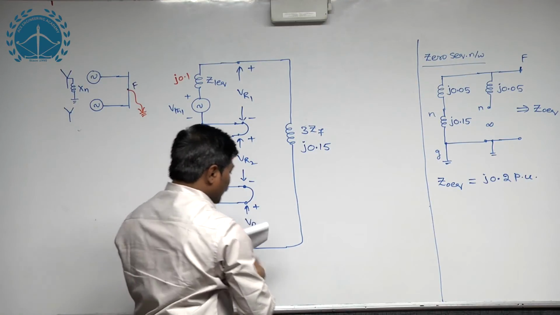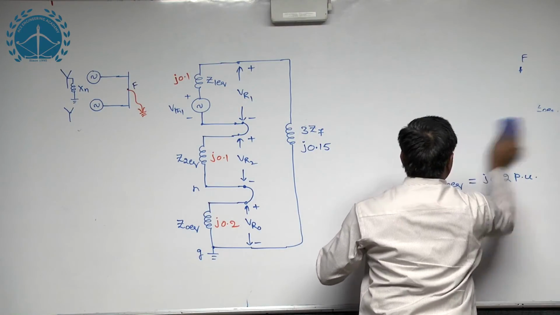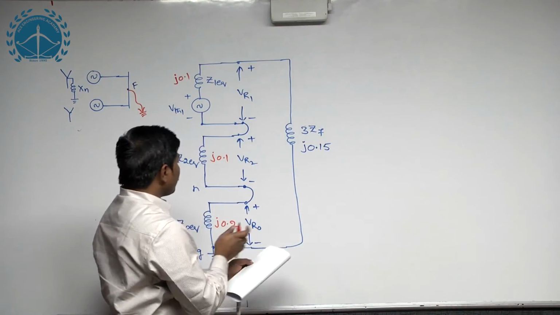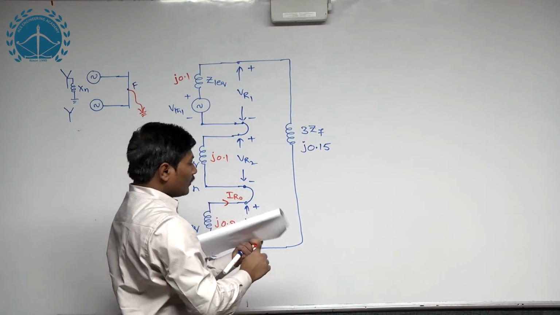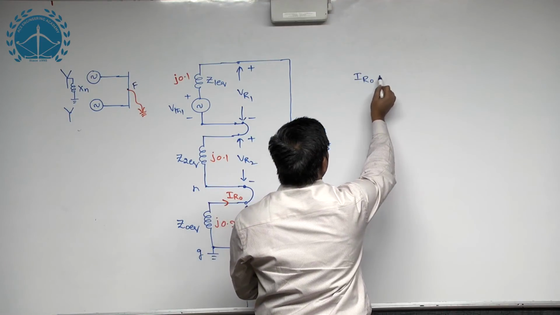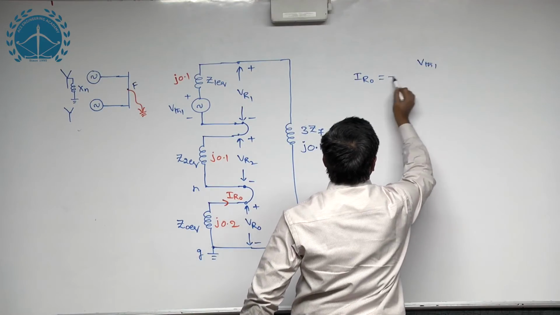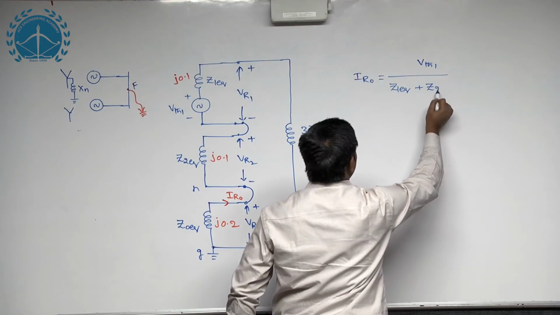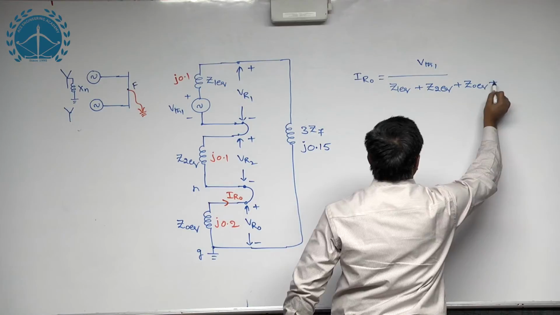So now we can get the current circulating, or simply the current flowing in this zero sequence circuit, IR0 in our notation. IR0 equals, since you have only one voltage source, V Thevenin 1 divided by Z1 plus Z2 equivalent plus Z0 equivalent plus 3 ZF.